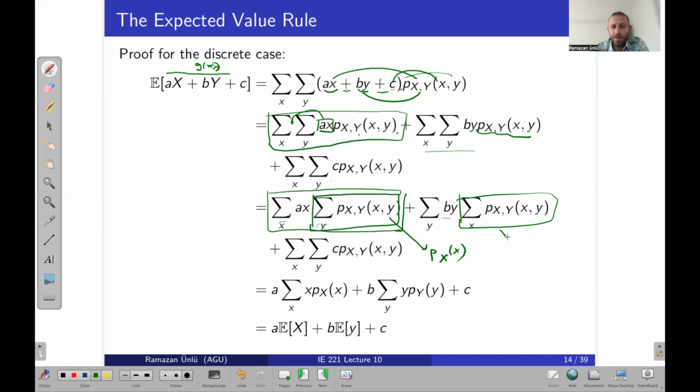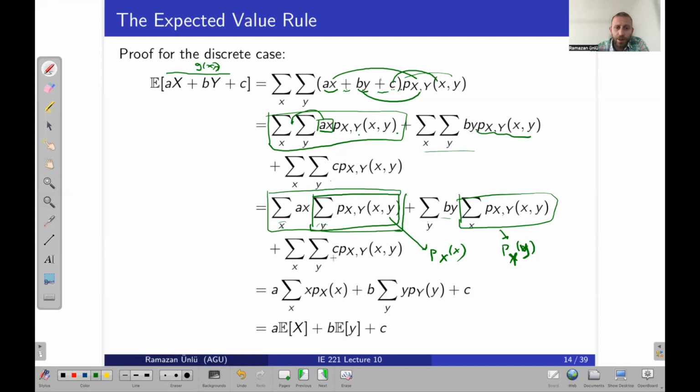So that is equal to the marginal PMF of y, p(y). So instead of this guy, I can write this, and instead of this, I can write this.